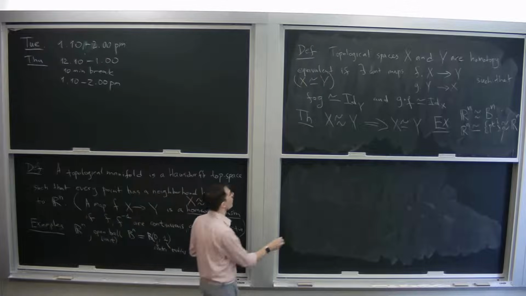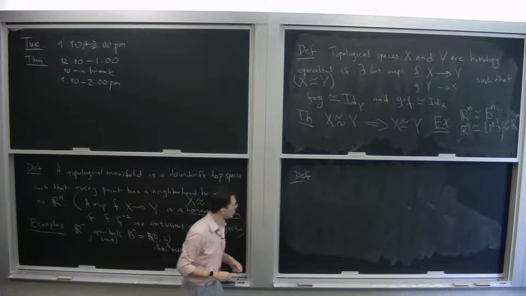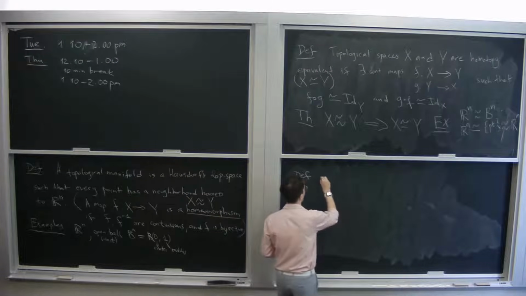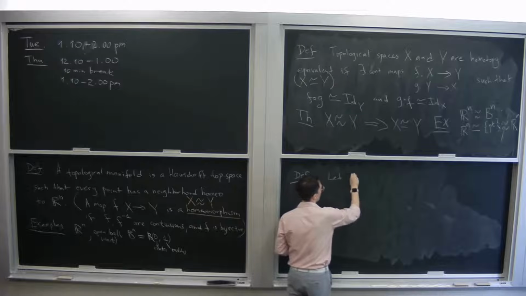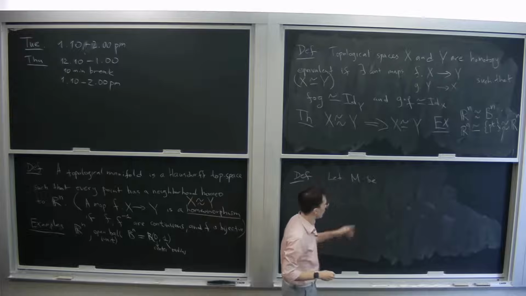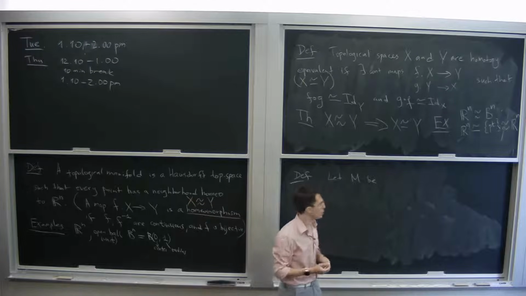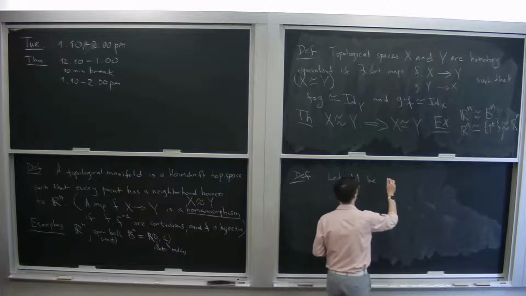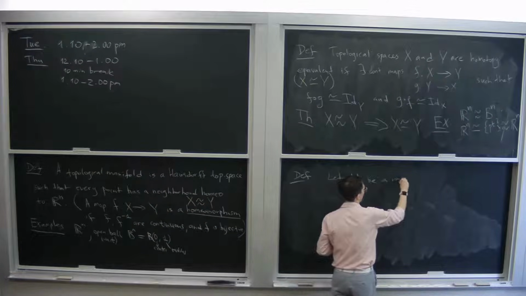So this will also be a definition. Let M be, for now, just a topological manifold, but generally we can think of smooth manifolds. So let M be a manifold.